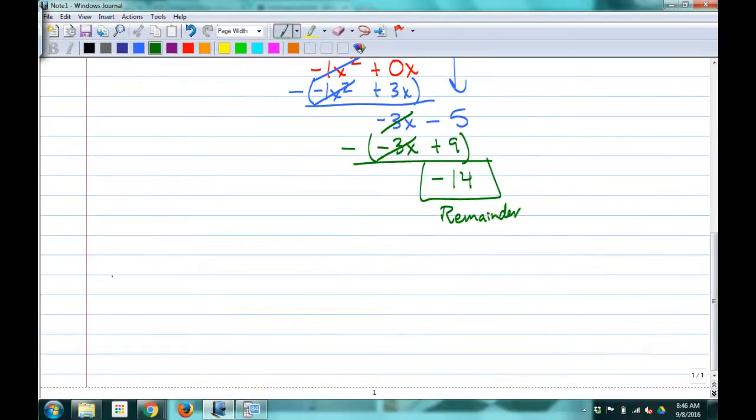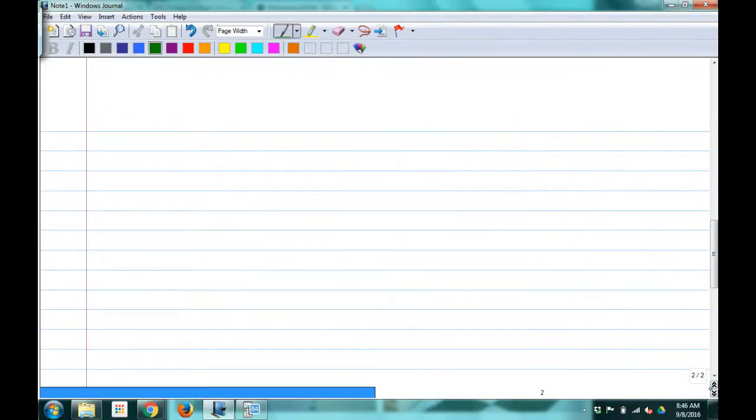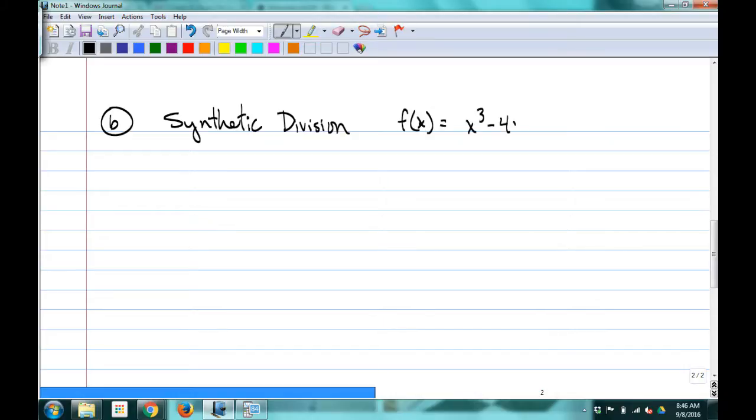Okay, so with synthetic division, let's do that same problem. F of x is again x cubed minus 4x squared minus 5, g of x is x minus 3.